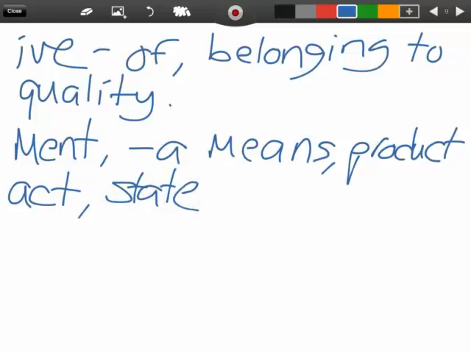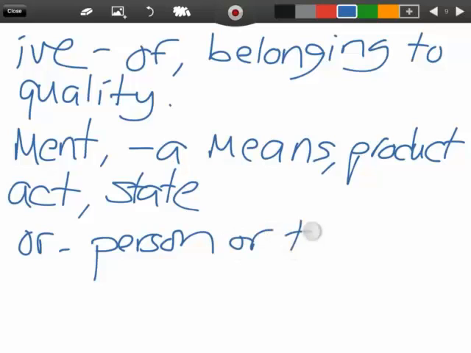Moving on to my next suffix is or. And or means person or thing that.